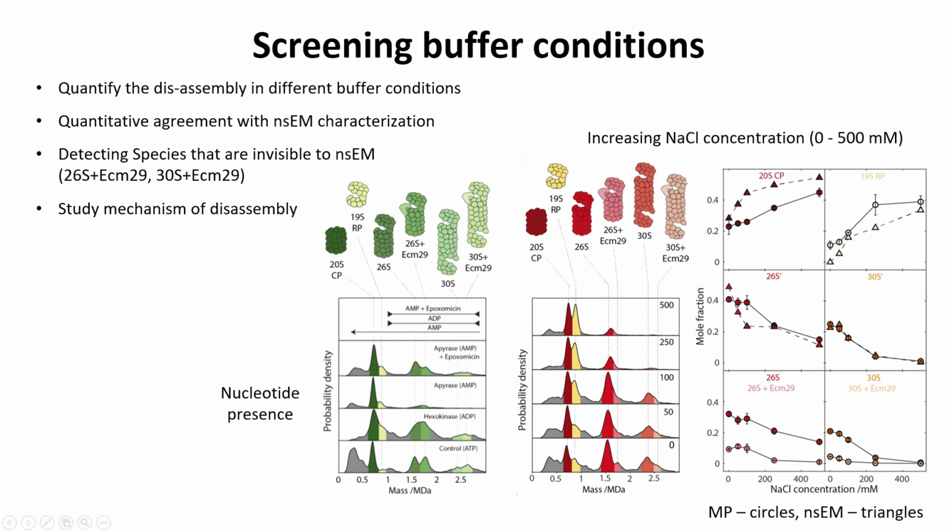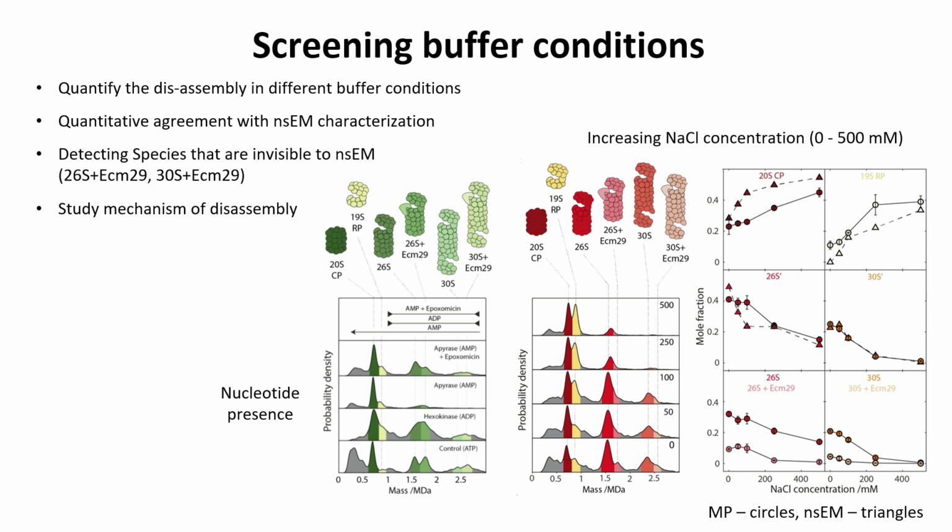What we did is add hexokinase, basically changing the ATP to ADP. And we saw that there was not a significant change, and this is expected as ADP should not cause disassembly.